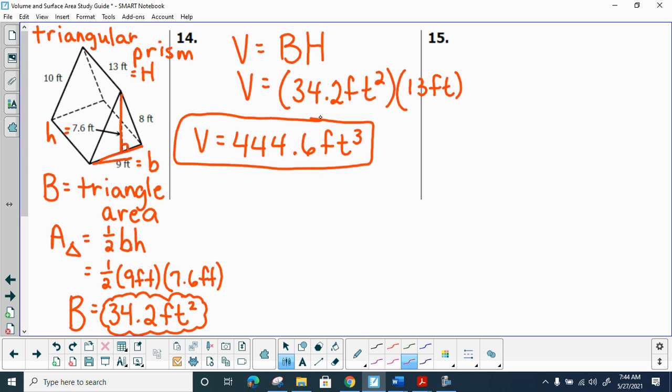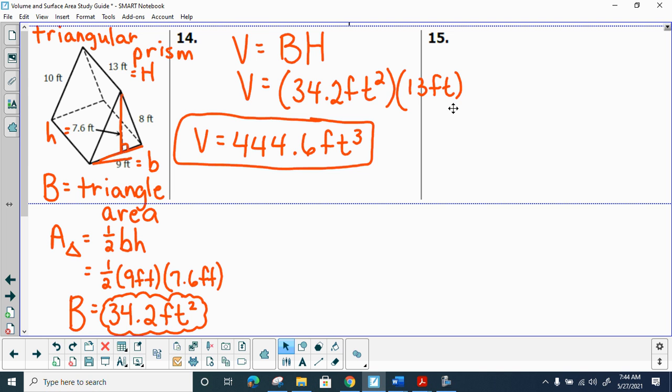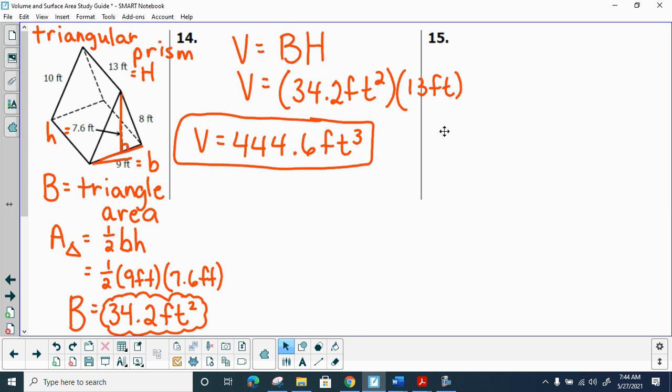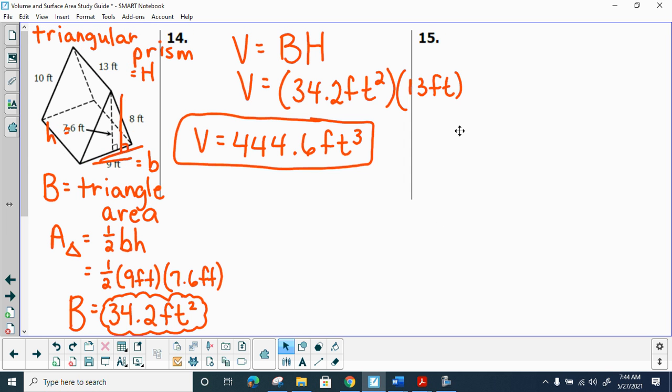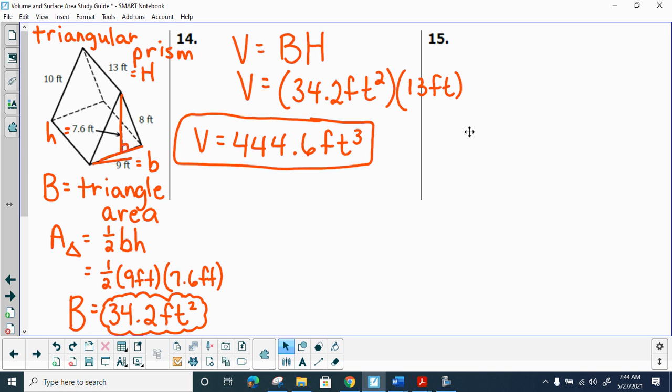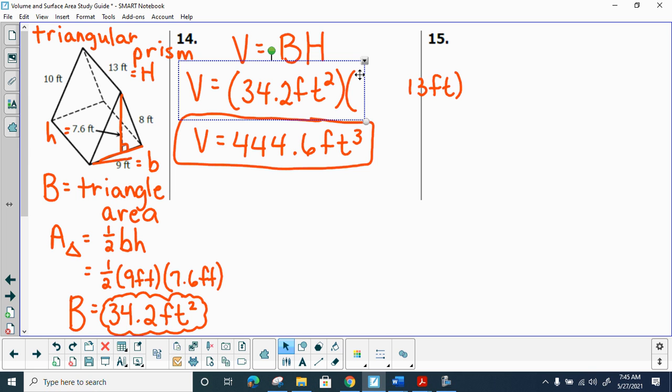So if we had cubes that were 1 foot on each edge, that's how many of those cubes would fit in that triangular prism.